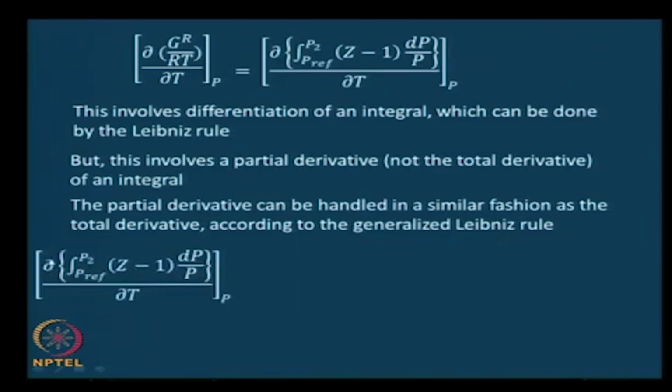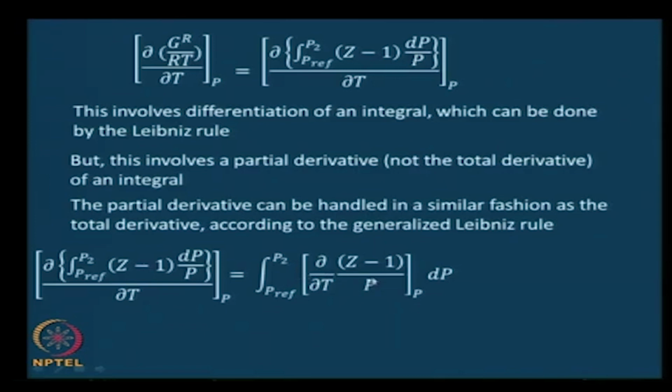And therefore, ∂/∂T of the integral from P reference to P2 of (Z minus 1)/P dP at constant pressure can be written as, recall the Leibniz rule, the integral between the same two limits.